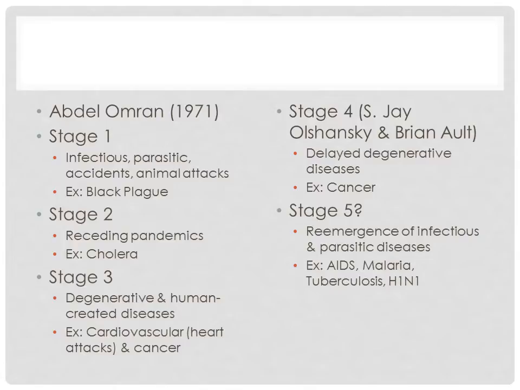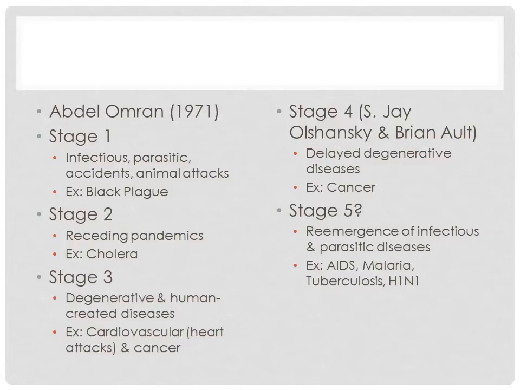Stage number 3 is as far as Omran got with this. And he said that stage 3 was the stage of degenerative and human-created diseases. Now, to be clear what we mean when we say human-created, we're actually not talking about warfare. We're not talking about chemical weapons. We're not talking about things like that.